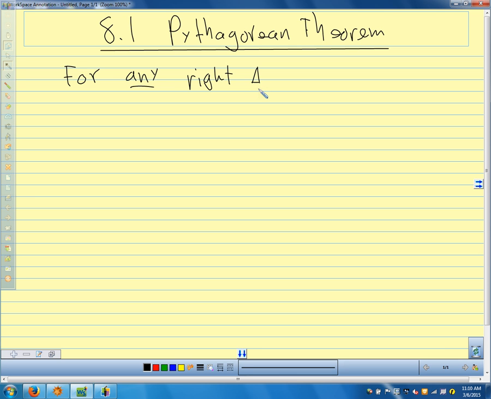Right triangle, what does that tell us about the triangle? It has a 90-degree angle. So for any right triangle with sides length A and B and hypotenuse C, what do we know?